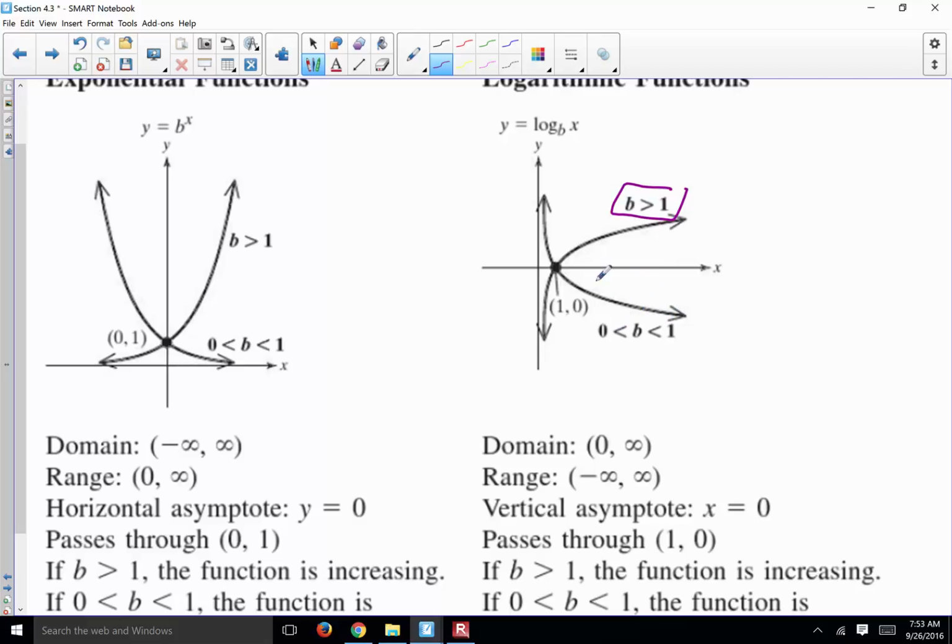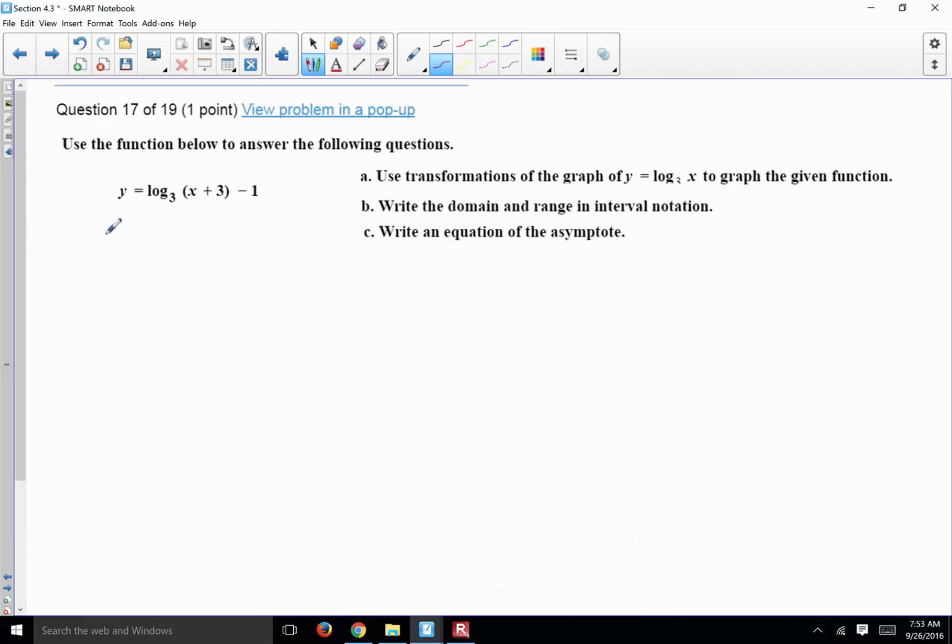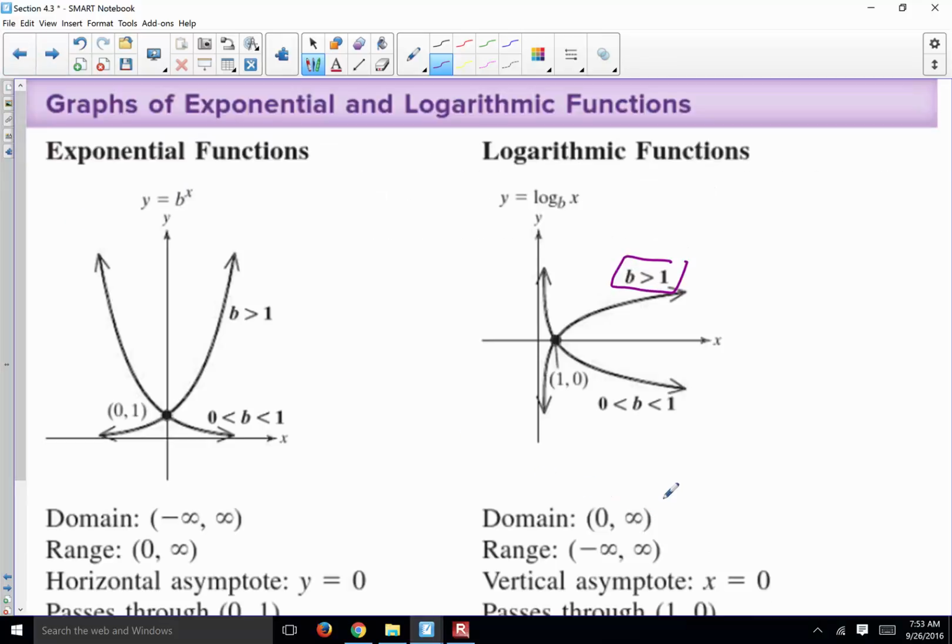So it's either a sliding graph or a climbing, rising graph. We also mentioned that the domain of logarithmic functions is always positive. The range is all real numbers, but the domain is always positive, very important.